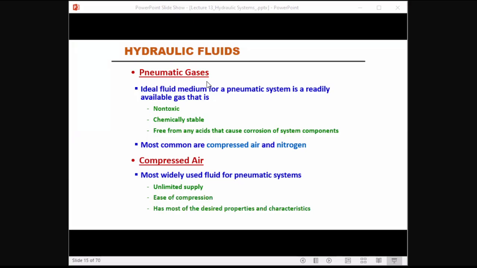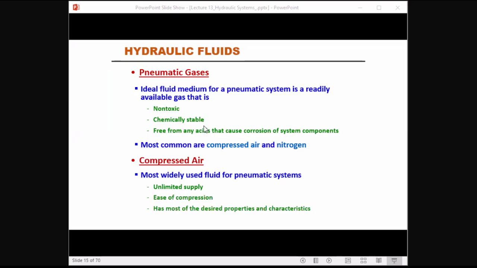These pneumatic gases are very safe compared with the hydraulic system. This pneumatic gas operation is very good, very safe.